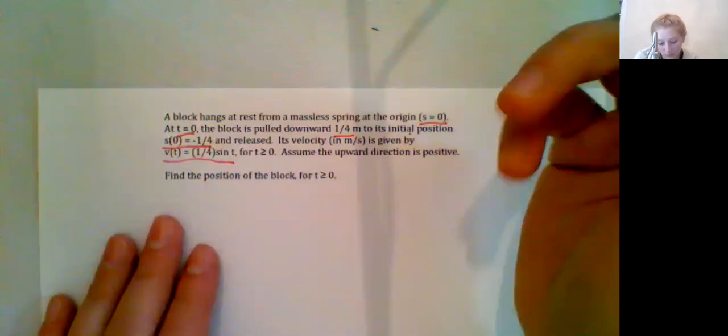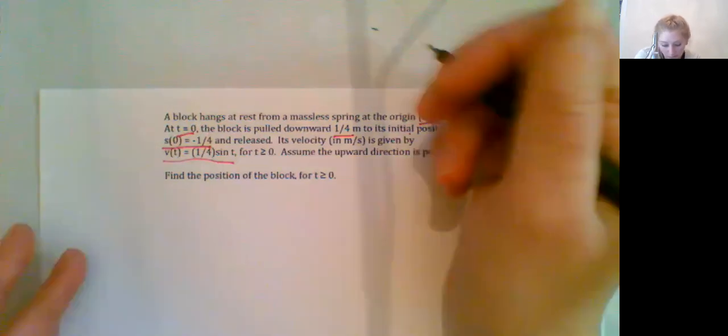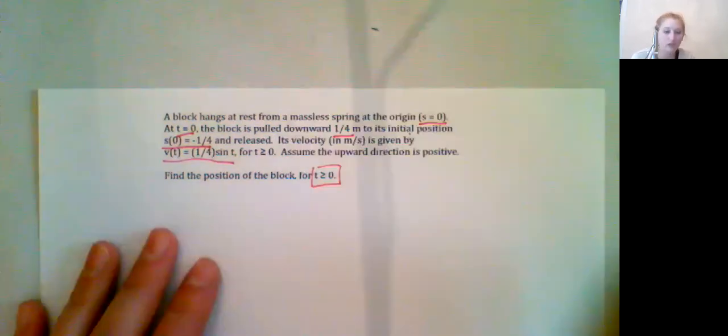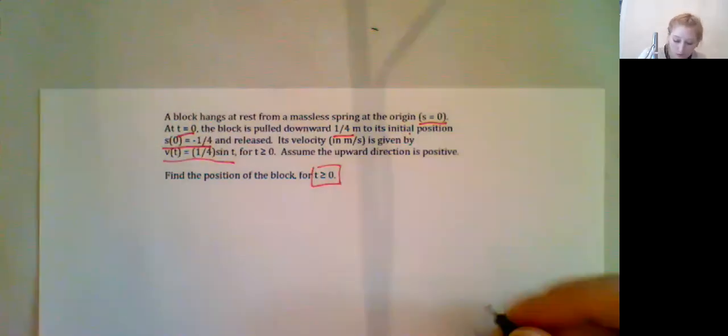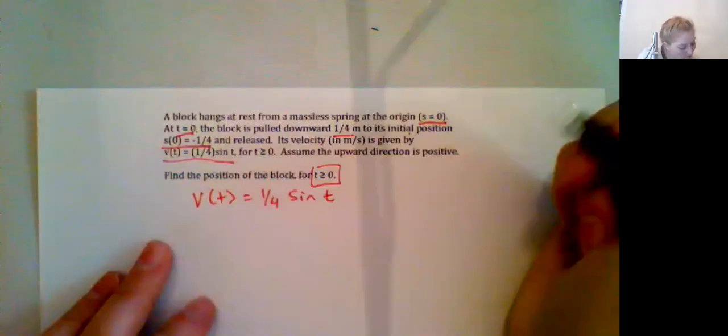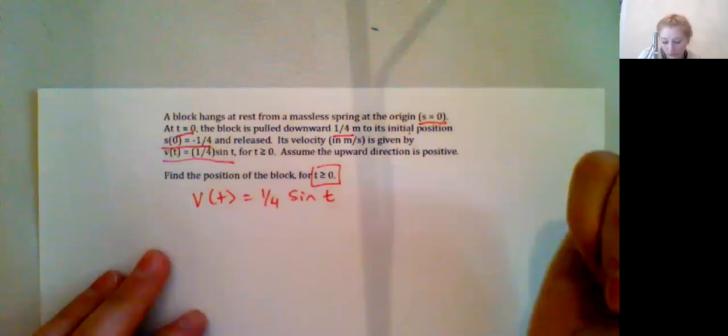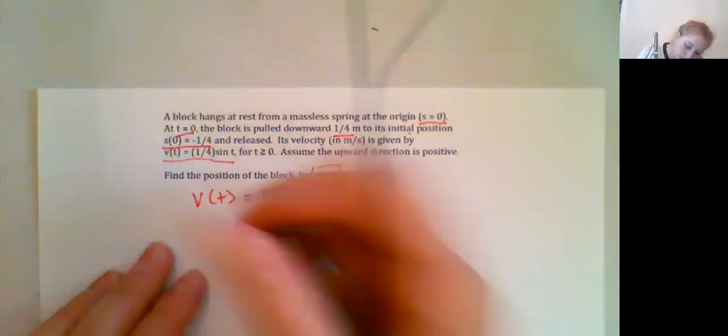Assume the upward direction is positive. Find the position of the block for t is greater than or equal to 0. Okay, so what they told me was the velocity is 1/4 sine t, right? So what we're going to do is we're going to integrate that to find our position function.